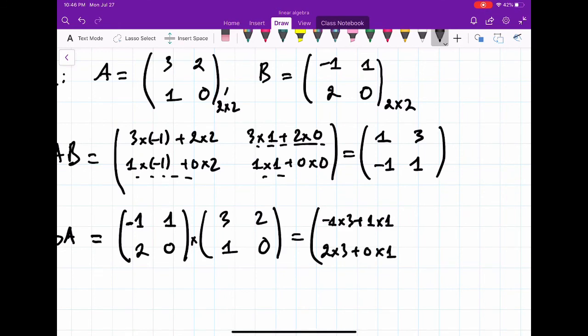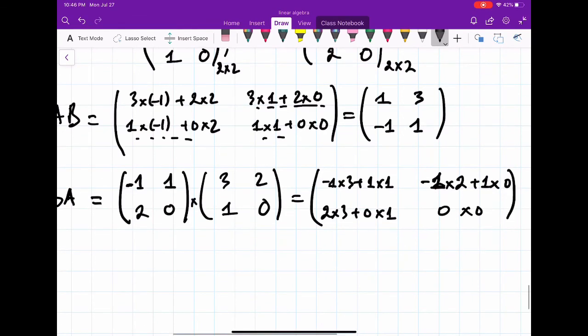And then -1 times 2 plus 1 times 0, and 2 times 2 plus 0 times 0. So you have -3 with 1 is -2. The second right here is 6. And then from here you get -2, from here you get 0.